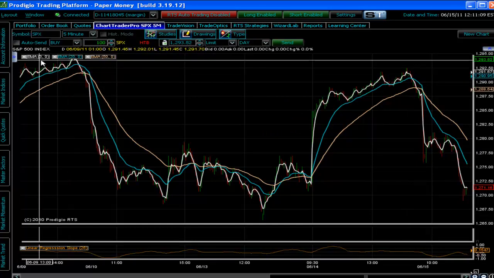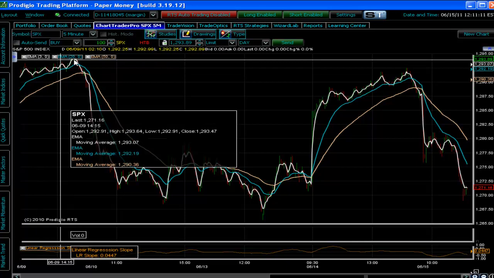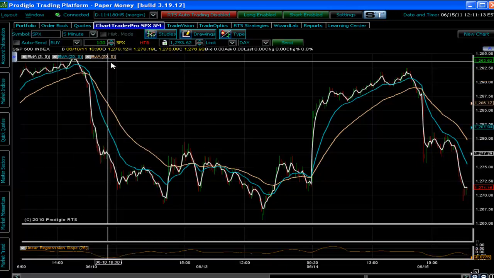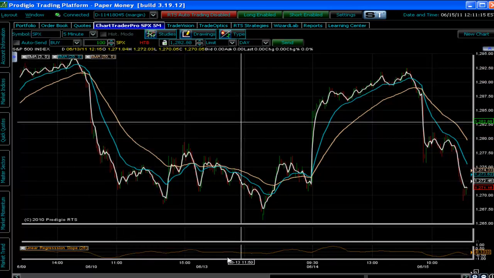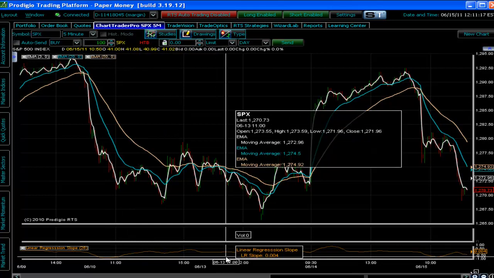On my Chart Trader Pro, I've got a 3-period exponential moving average, a 20-period, and a 50-period. And I'm looking for movement. There are two ways that I'm going to analyze movement. Number one, I'm just going to use simple exponential moving average crossovers. And then in the next part, where it gets more interesting, I'm actually going to look for divergence.